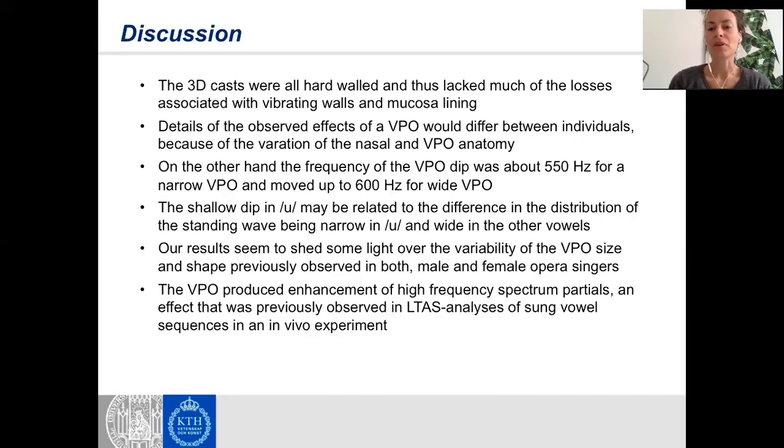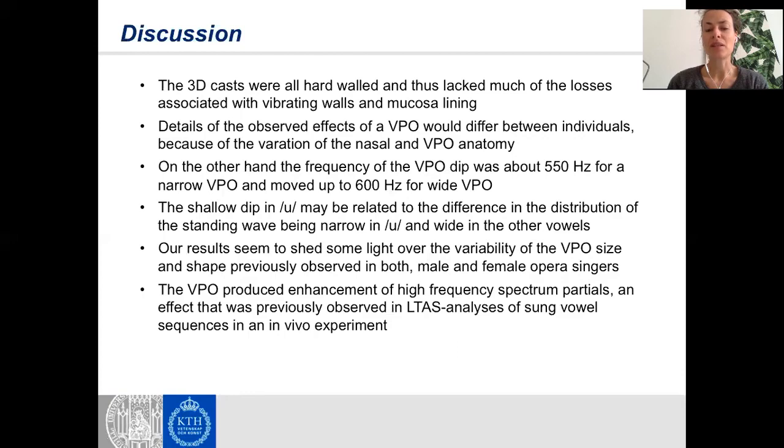And we also know that the VPO shape and the nasal anatomy vary a lot between individuals, but also intra-individually. But nevertheless, we were able to see some systematic effects, such as the VPO dip, which was quite marked somewhere between 500 and 600 hertz.